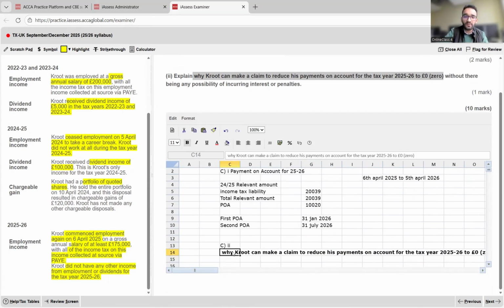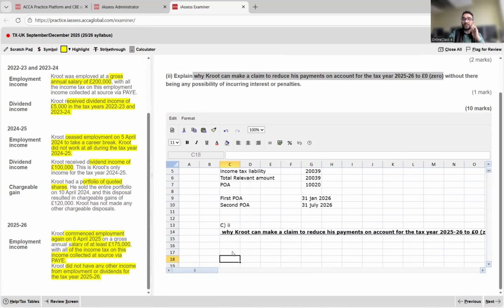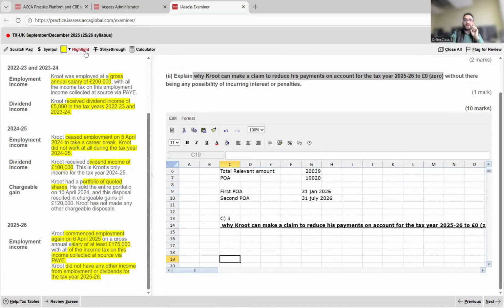Yes, Croat can make a claim regarding payments on account to 0. Why? Because his whole amount of tax on this salary is collected through PAYE. So he will not have any liability to pay to HMRC.